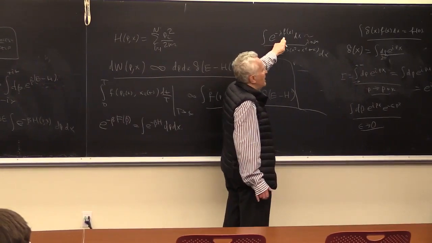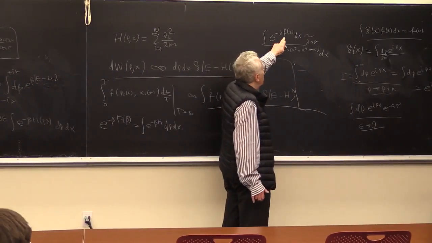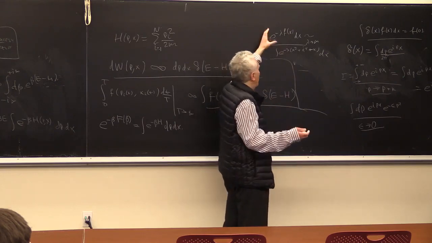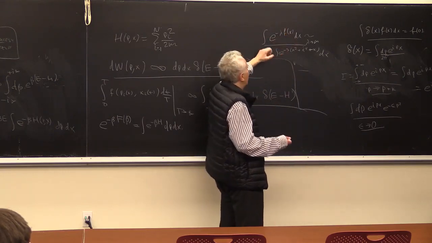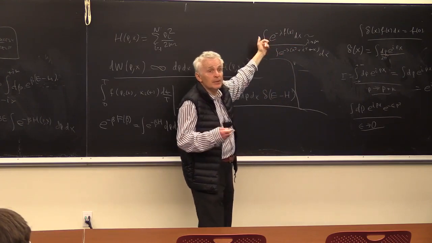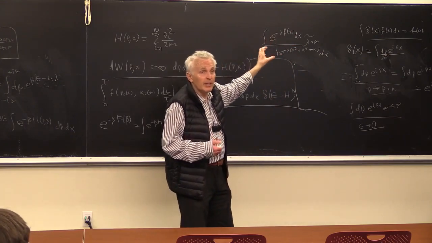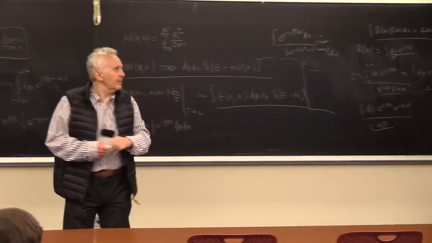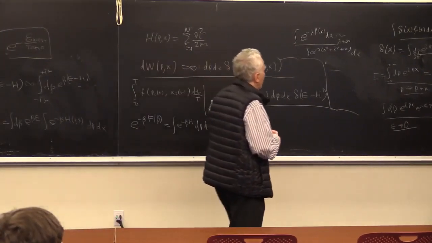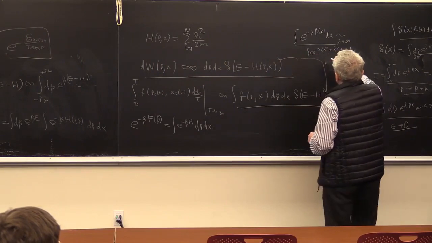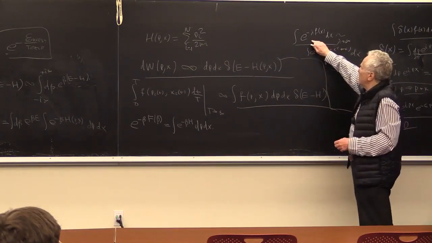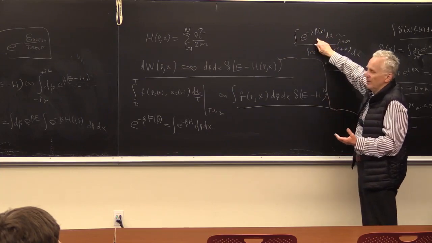What will contribute most to this integral? An integral is a sum of terms, roughly speaking. And these terms are of different order, so you need the one most relevant. You want to maximize the contribution.